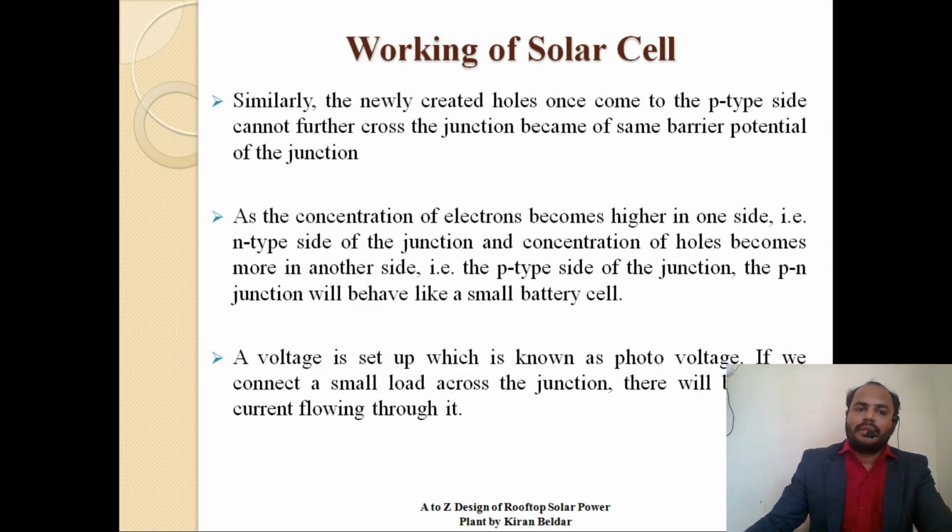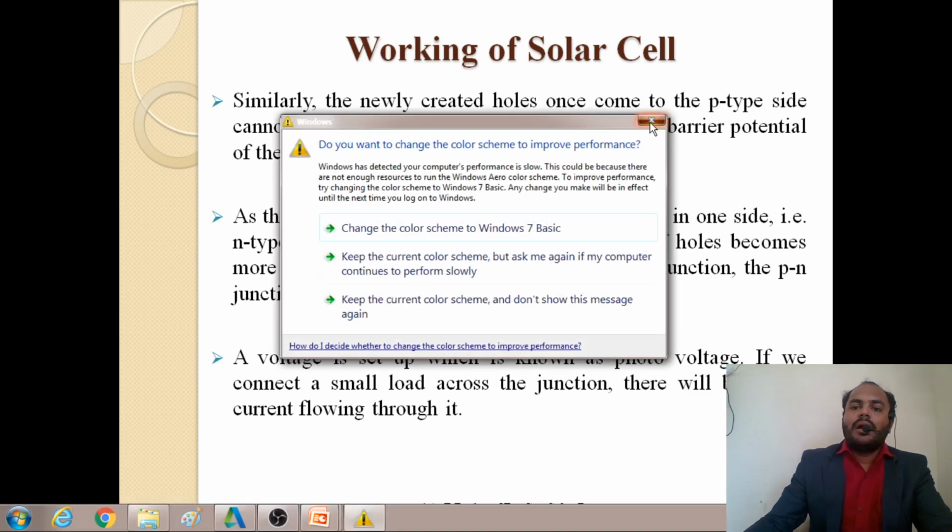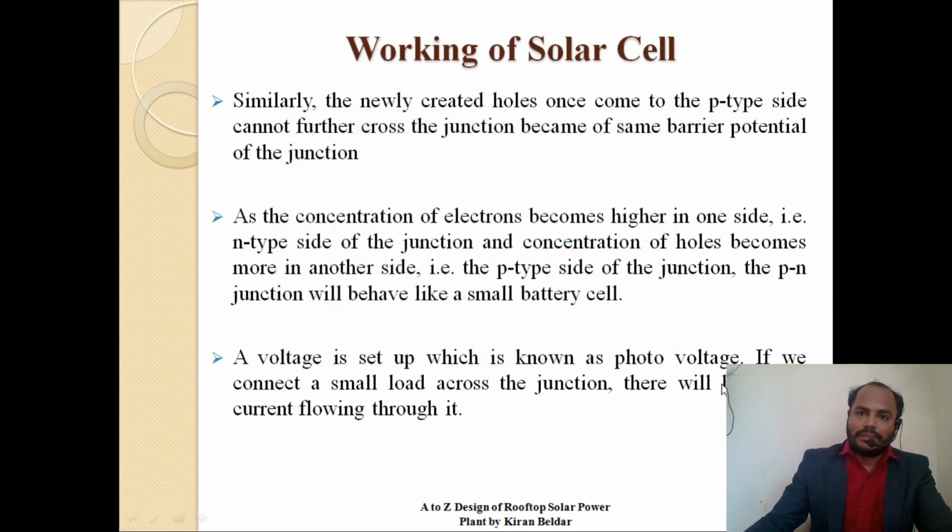As the concentration of electrons becomes higher on the N-type side of the junction, and the concentration of holes becomes higher on the P-type side, the PN junction behaves like a small battery cell. A voltage is set up which is known as photovoltage. If we connect a small load across the junction, a tiny current will flow through it.